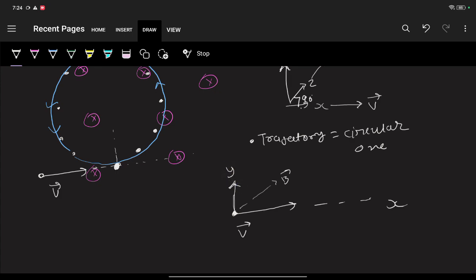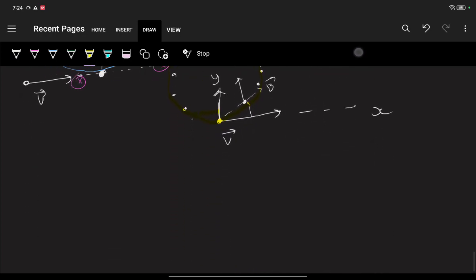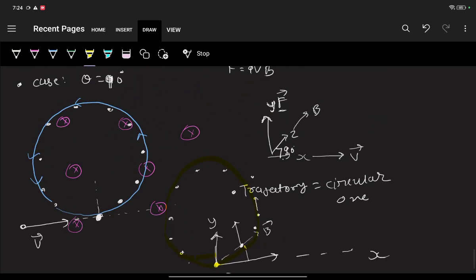Because we know v cross B is in the y direction. So the particle will move in this y direction at each and every point. That's why it will make a circular trajectory, because now the force is in the y direction.